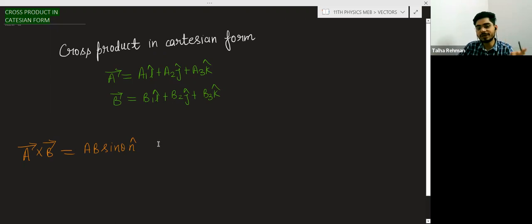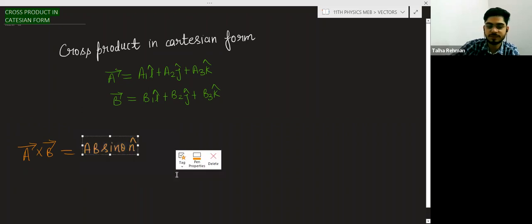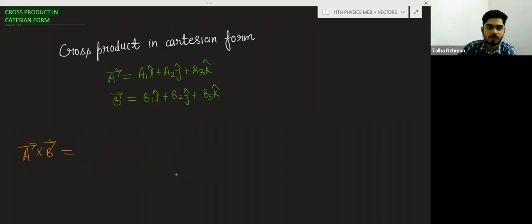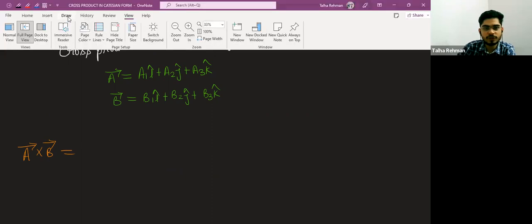And n cap is the unit vector perpendicular to A vector and B vector. If this is given, then we can calculate A cross B from this formula. Otherwise, we will simply use this, and not think too much.